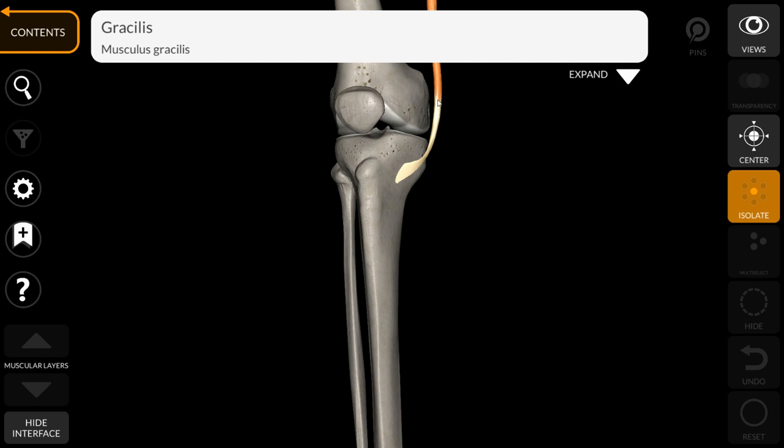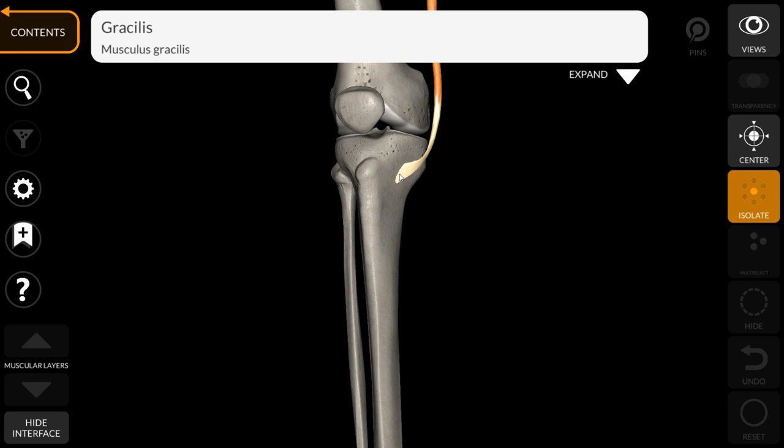This gracilis shares a common insertion with another two muscles, and those two muscles will be semitendinosus, and also sartorius. Okay, so gracilis will insert near which area?